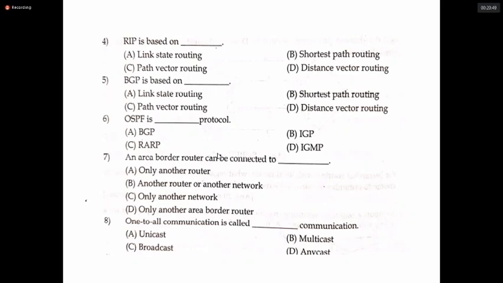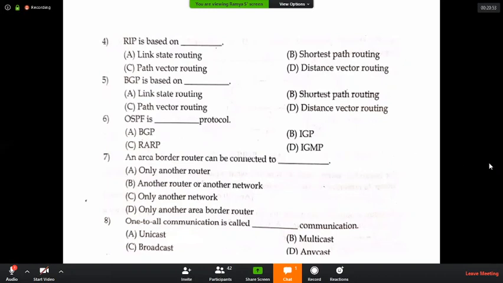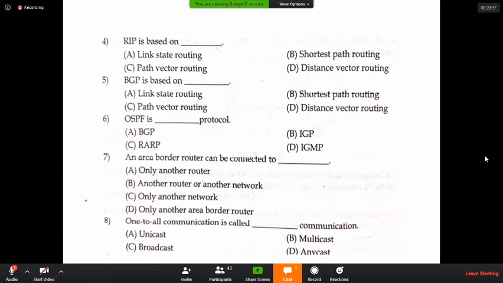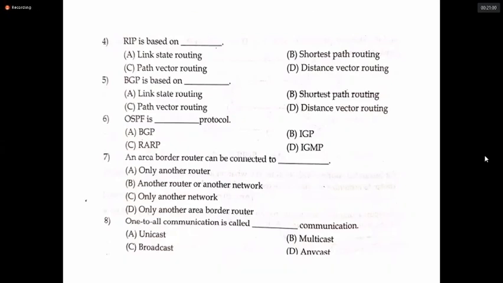I'm talking about the border router. Please remember the diagram. It is another router or another network. Yes, B. Go to the eighth one.